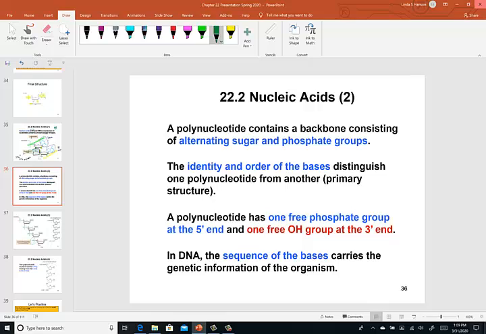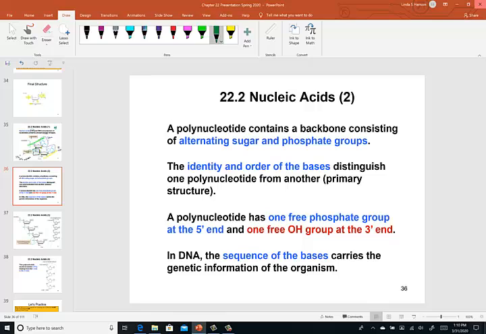A polynucleotide contains a backbone consisting of alternating sugar and phosphate groups. And that identity comes from the order of the bases, and it distinguishes one polynucleotide from another. So as we begin reading polynucleotides, the identity comes from distinguishing what base.